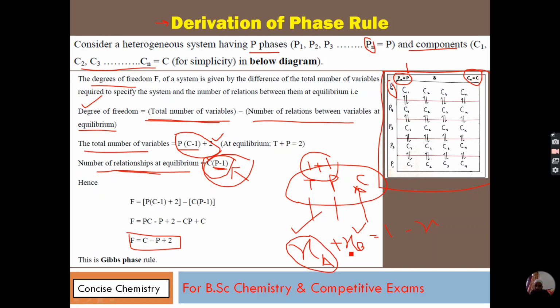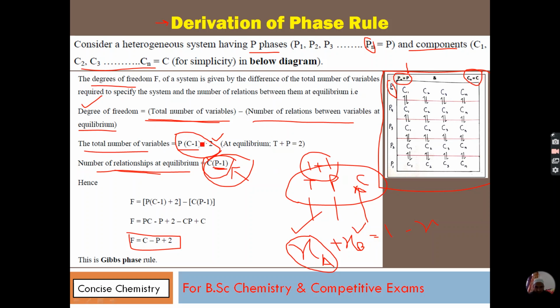अगर कहीं पे 3 होंगे, so then xa plus xb plus xc is equal to 1. And then हम किसी भी एक को आराम से निकाल सकते हैं, knowing the other 2. So likewise अगर हमारे पास we have n number of chemical species, chemical components, so हम एक को कैसे निकाल सकते हैं? By C minus 1.